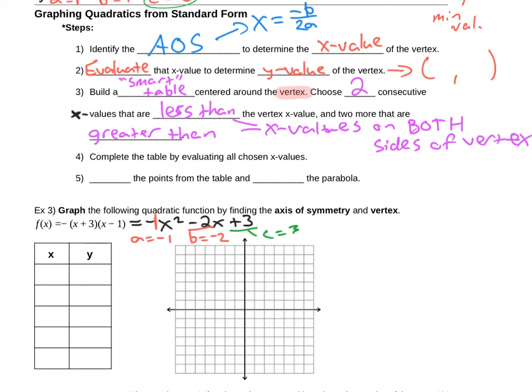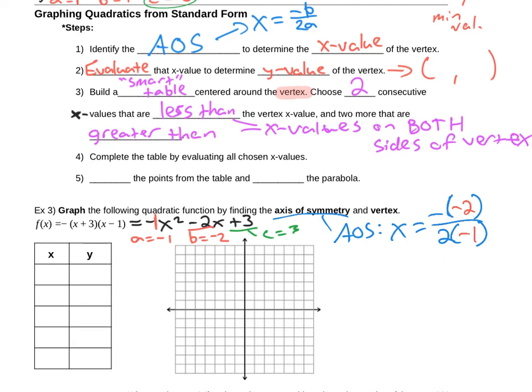Now let's find our symmetry using our equation. So symmetry here, AOS, x equals negative b over 2a. Plug in the values. B is negative 2, a is negative 1.